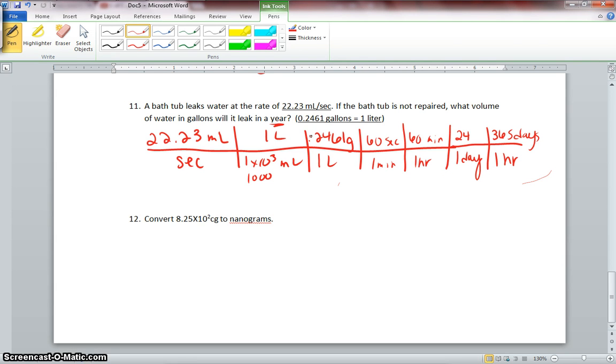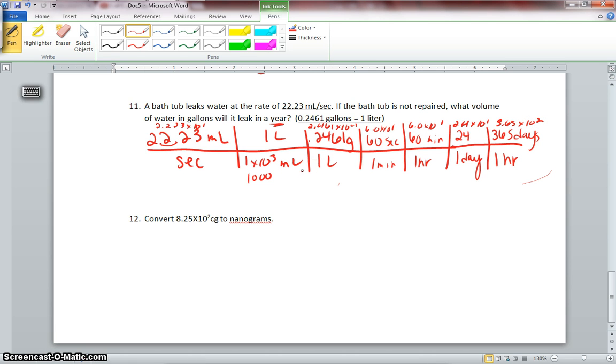Okay, so I'm going to put it into scientific notation because my calculator won't be able to handle that. So I'm going to move it over 1, so it's going to be 2.223 times 10 to the 1. Then I have 2.461 times 10 to the negative 1, 6.0 times 10 to the 1, 6.0 times 10 to the 1, 2.4 times 10 to the 1, and then 3.65 times 10 to the second.